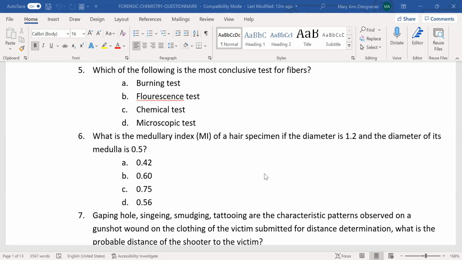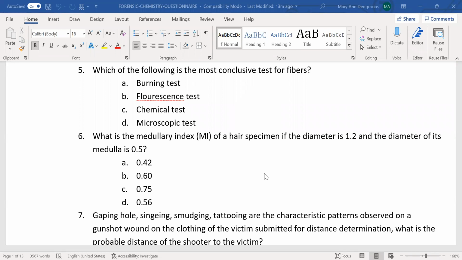It's microscopic test. Why? Because the microscopic test can be able to identify each kind of fiber. Ang burning test, class, is just a preliminary test which tells us the general group where the fiber belongs. Samantala yung microscopic test, it can identify specifically the characteristics of the different kinds of fiber.